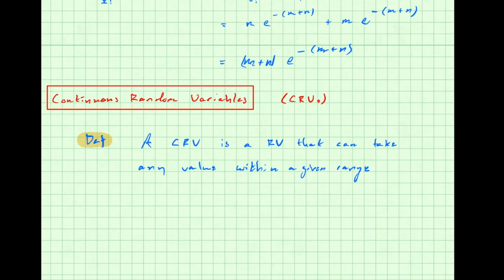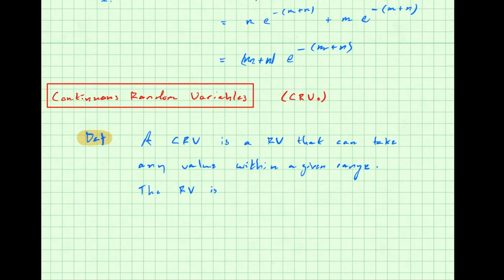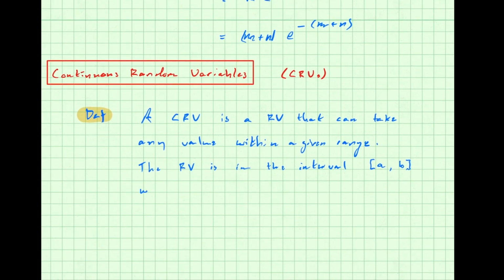And the range can be finite or infinite. There's no reason to write that, but it's just true. The random variable lies in that interval with some probability, or lies in any other interval. So I'll call this interval A and B, with some probability.